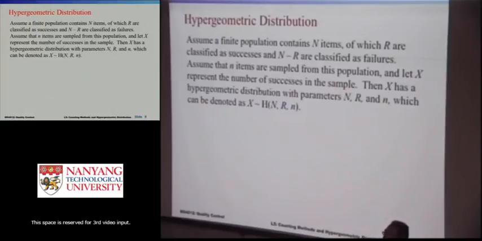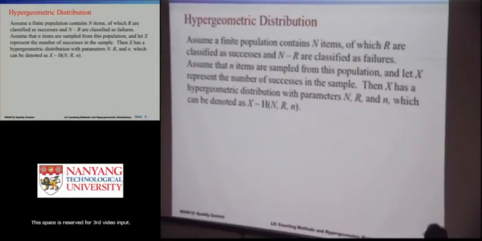If I have a lot of cell phones, for example 3 or 4, and 3 or 4 laser pointers, then R is the number of my cell phones, and N minus R is the number of my laser pointers. Assume lowercase n items are sampled from this population. This lowercase n is the sample size. This capital N is the population size.